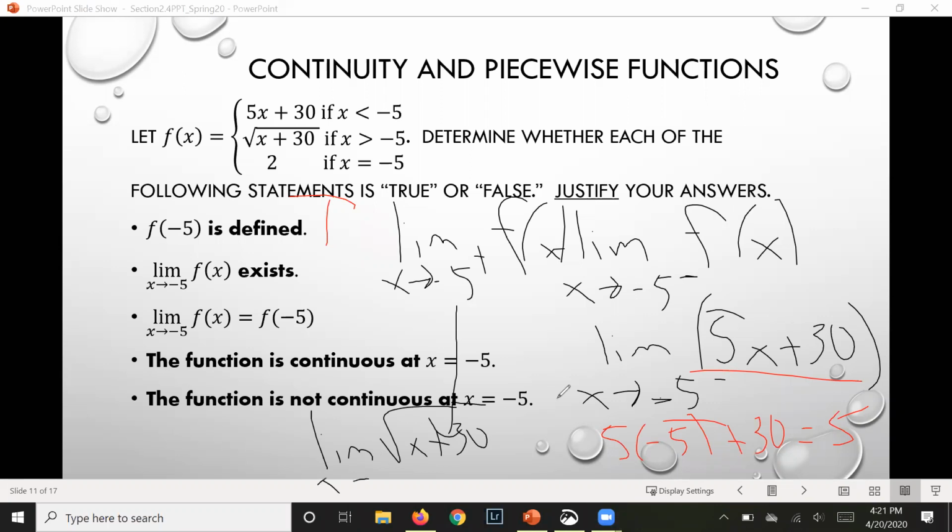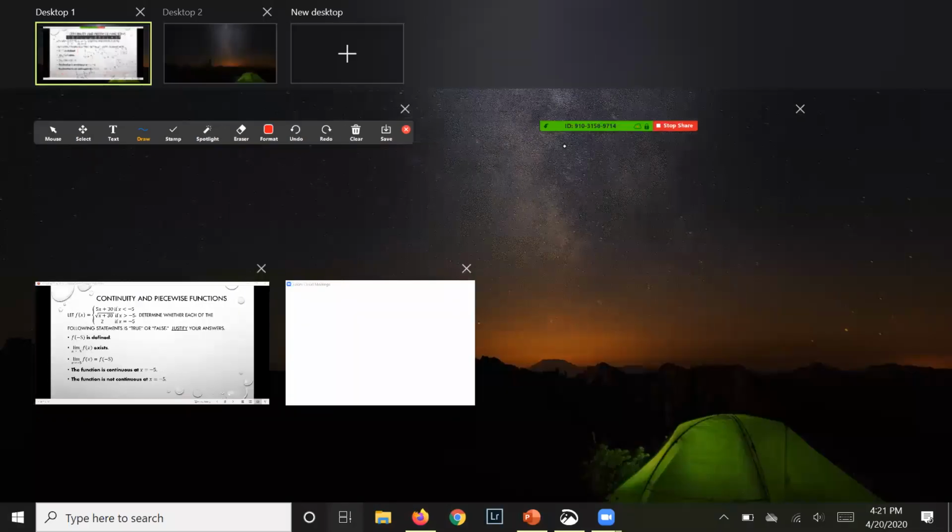And we're still looking at x approaches negative 5. Notice that negative 5 is in the domain of that function, so we can just plug it in. So we would have the square root of negative 5 plus 30. Skip a couple steps there. We'll see that'd be the square root of 25, which again gives us 5.